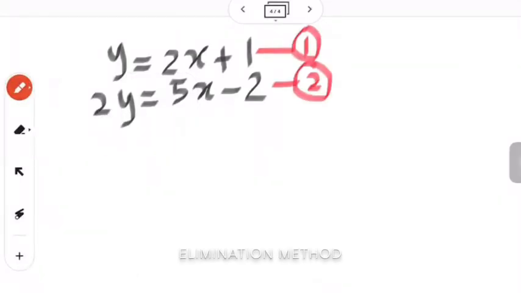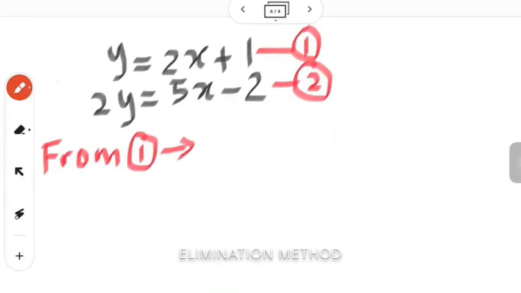Kan? Okay, bila berlaku keadaan macam ni, when this happen, you have to do some modification. Okay, kita modify sikit. Katalah cikgu nak eliminate y. Sebab yang pertama ni, okay, cikgu boleh ubah y. From equation 1, I can make new equation.